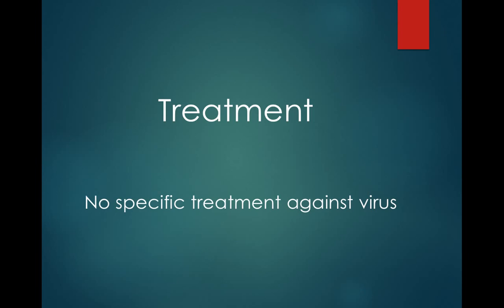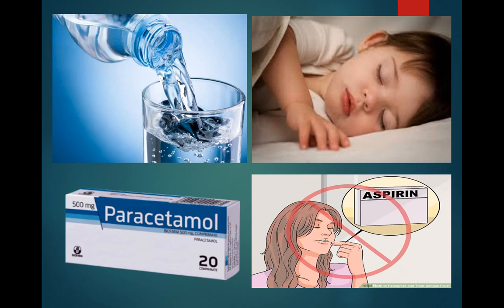Now, what is the treatment if dengue occurs? We must understand that as far as this virus is concerned, against all four types of dengue virus, there is no specific antidote or specific treatment. So we have to manage symptomatically whoever has dengue. What are the basic treatments?